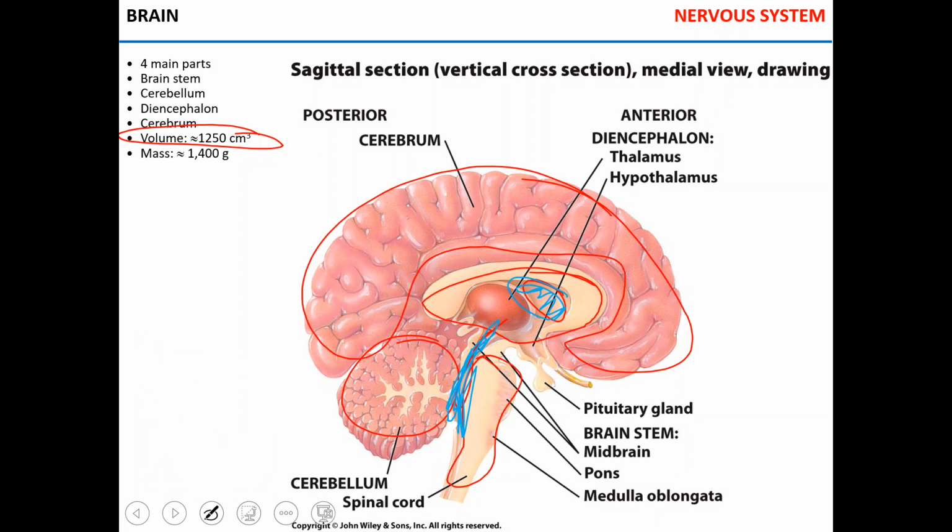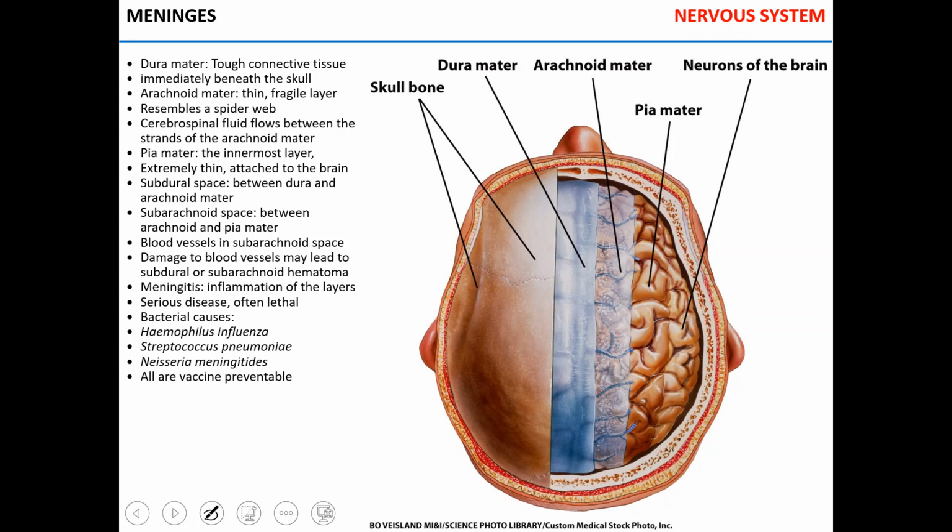And brain is basically suspended in the cerebrospinal fluid. It floats in it. It prevents any contact between the brain and the cranium, the skull, so brain doesn't get squashed. It is also protected by 3 layers of meninges.